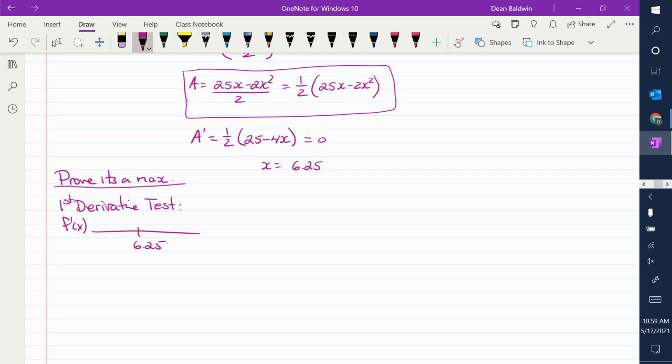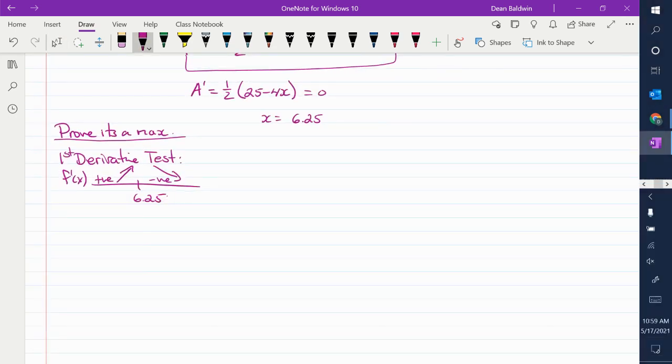You get a positive number, which means we're going up. Put a number that's bigger than 6.25, i.e., I don't know, 10. You get a negative number, which means it's going down. If you switch from increasing to decreasing, you have a maximum. Therefore, 6.25 is a max.